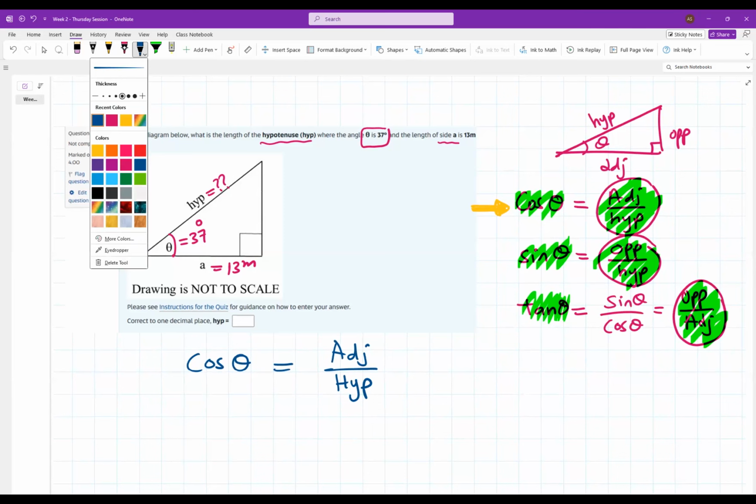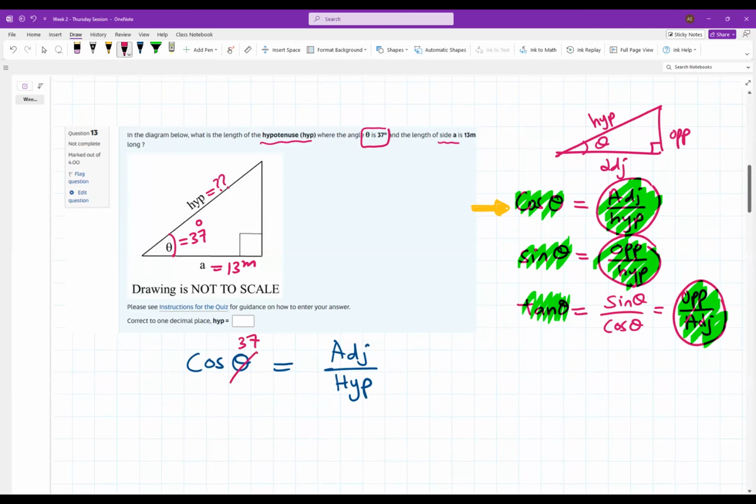The angle theta is 37, so cosine 37 equals the adjacent, which is given here as 13 meters, and the hypotenuse is not given. So cosine 37 equals 13 meters over the hypotenuse, right?